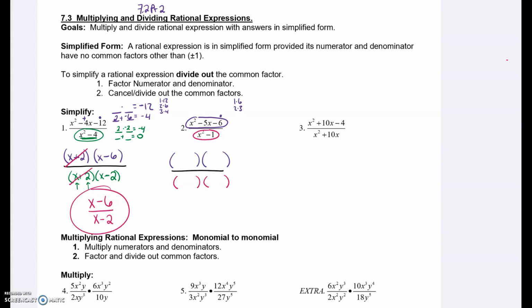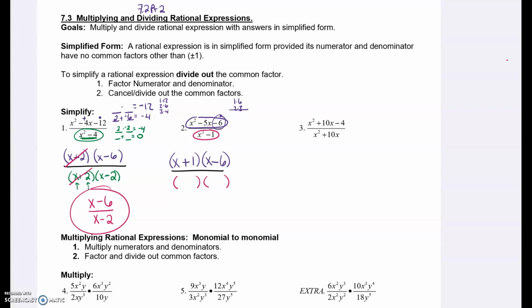You'd think it'd be 2 and 3, but negative 2 times negative 3 is positive 6. So because this is a negative 6, that means it can't be 2 and 3. So it's going to have to be 1 and 6. So I write those numbers in and then I think, okay, to get negative 5, because my answer is negative, the bigger number needs to be negative, the smaller number needs to be positive.